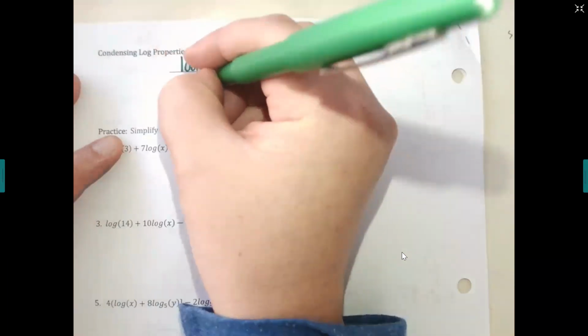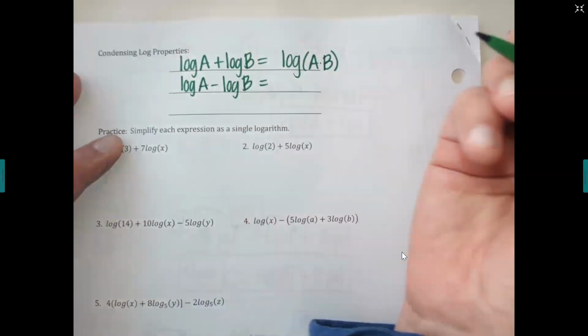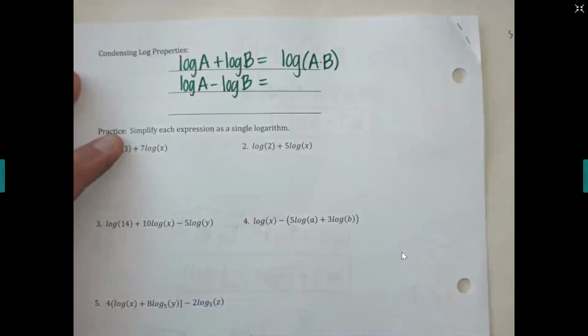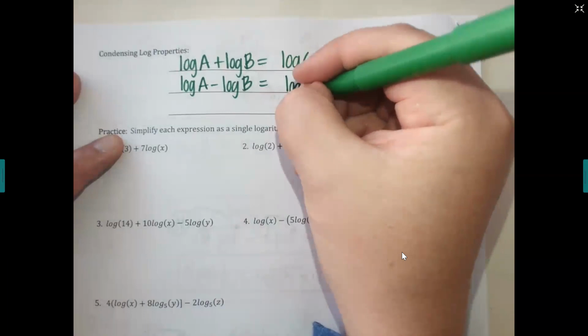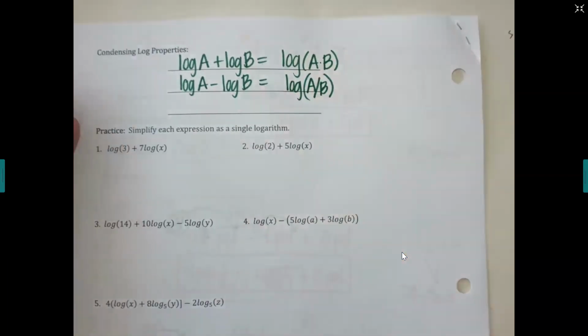How would I put it back together? You would divide, so they'd go back into the same log, but it'd be A divided by B. Now notice that your first log stays on top. The minus log is the one that divides under.